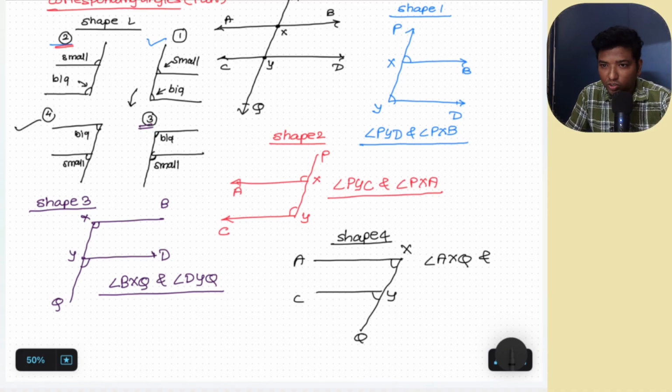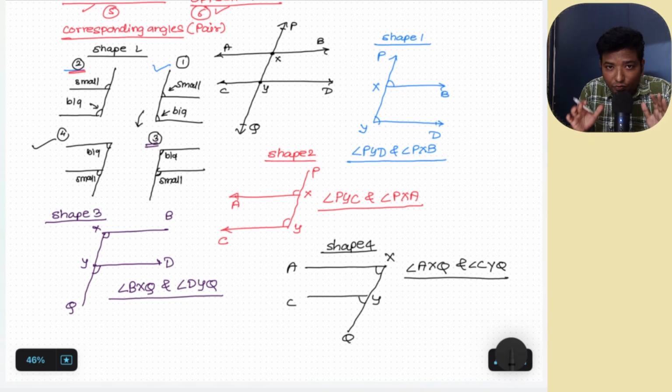And according to the fourth pair, right? So in this way, we got the four pairs of corresponding angles.